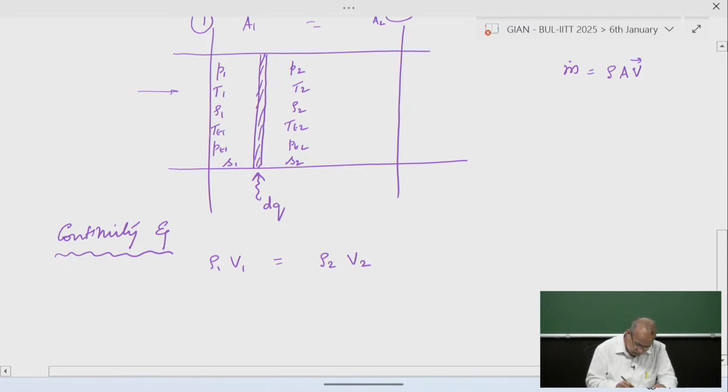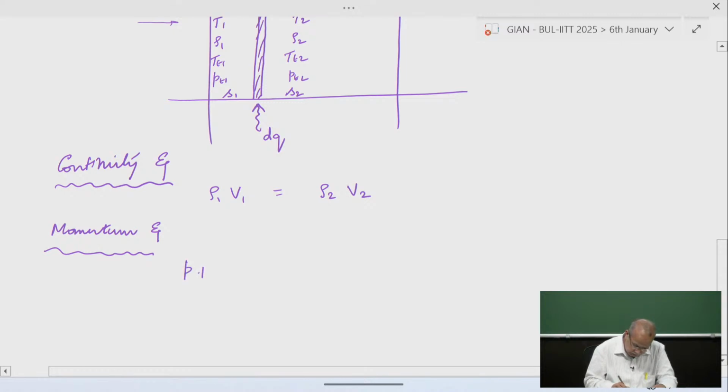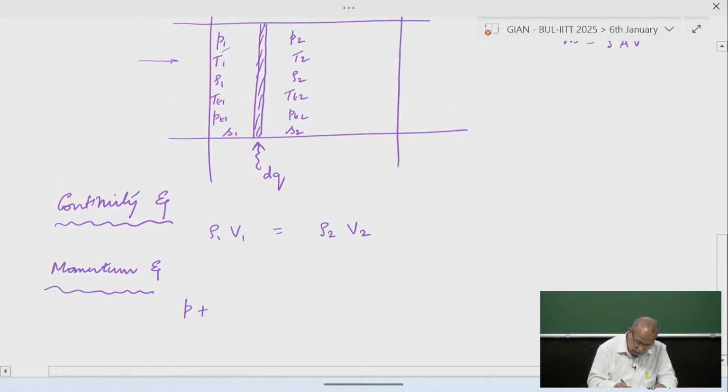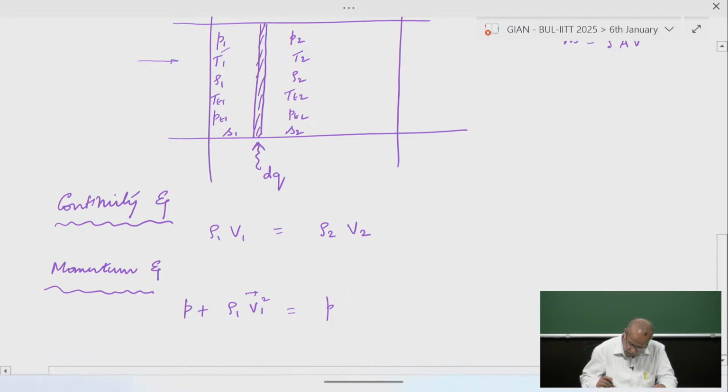The second governing equation you're going to consider is the momentum equation. The momentum equation is P1, the pressure at this point, plus ρ1 V1 square is equal to P2 plus ρ2 V2 square.